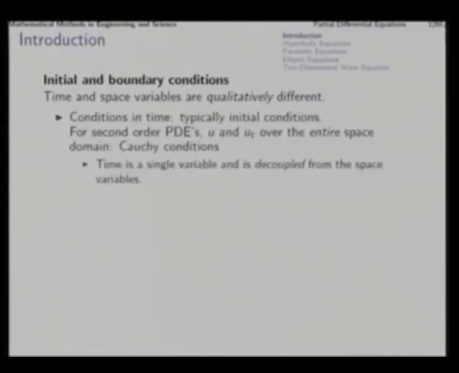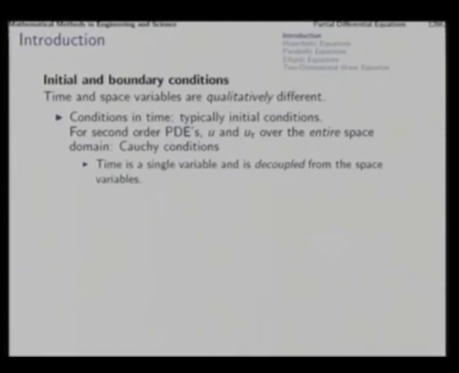And there you find that, for example, in a second order partial differential equation, for time you will require u and del u by del t to be supplied, exactly the way we considered initial value problems in ordinary differential equations.